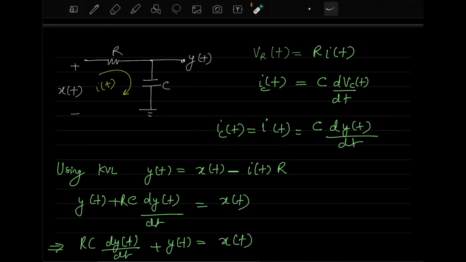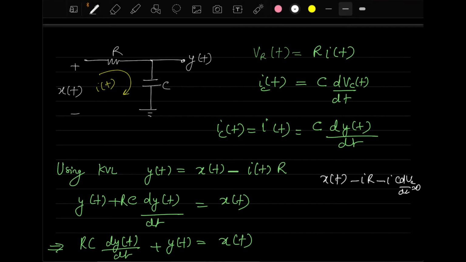Now you will write KVL in this loop, the Kirchhoff voltage rule. You are going up here, so the KVL will be plus x(t) minus iR minus i_C dv_C/dt equal to 0.